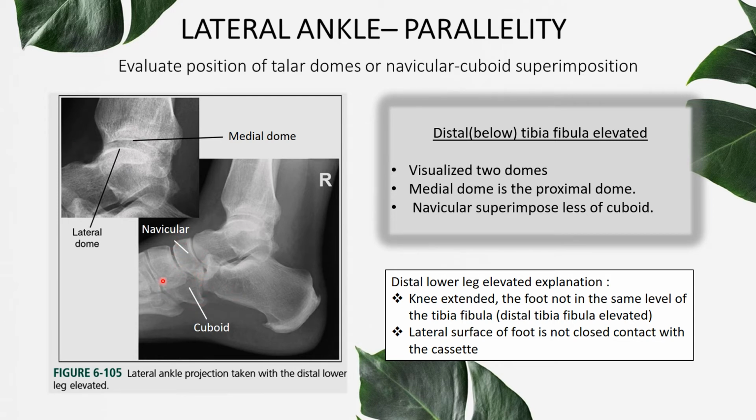This is the cuboid, and as you can see, it appears larger. This is the explanation: the knee is extended, but the foot is not at the same level as the tibia and fibula, which means the distal tibia and fibula are elevated, and the lateral surface of the foot is not in close contact with the cassette.